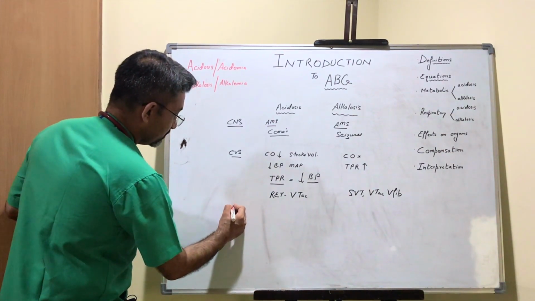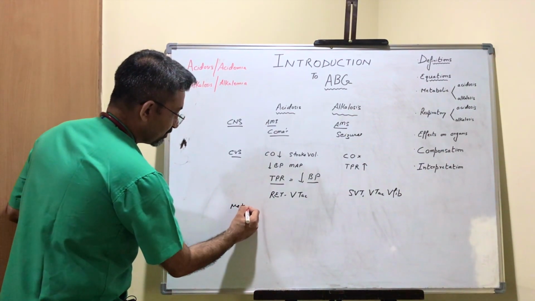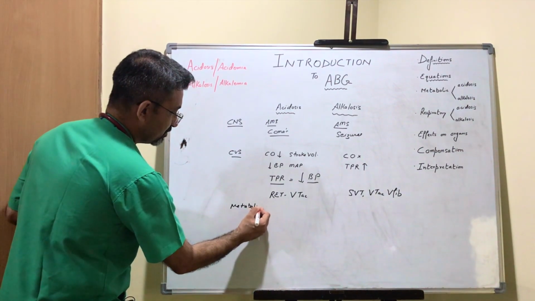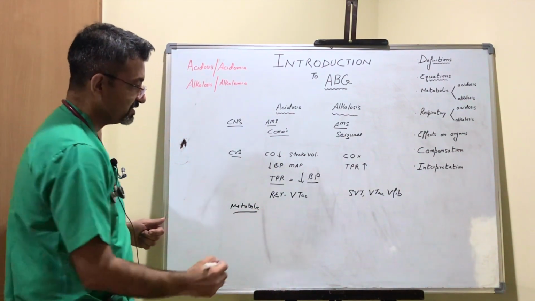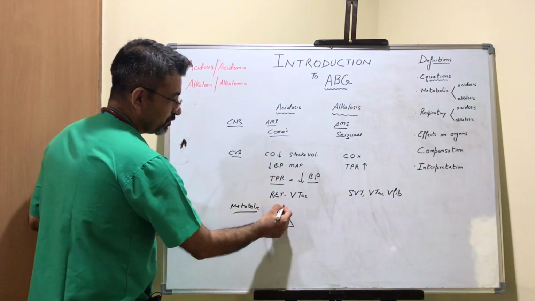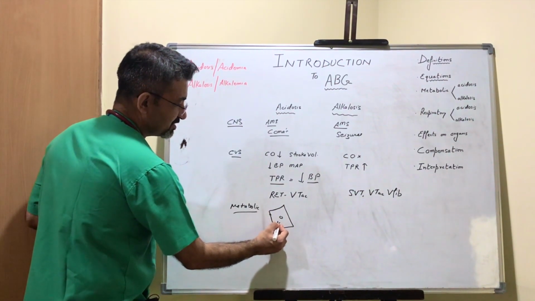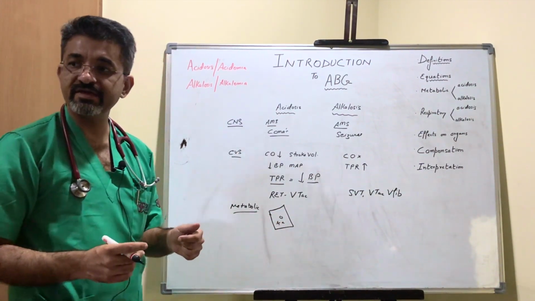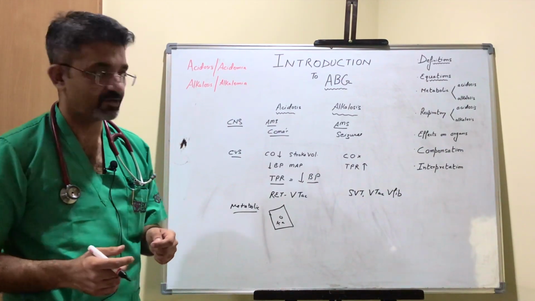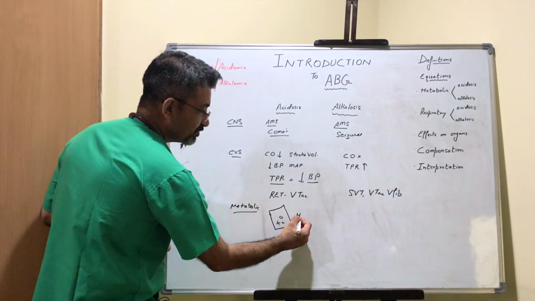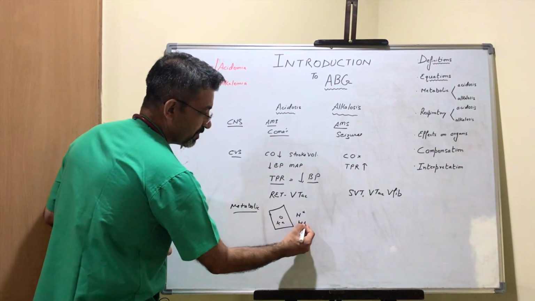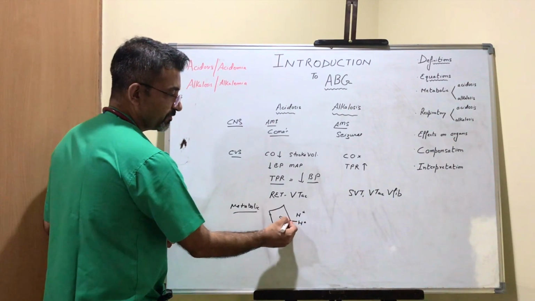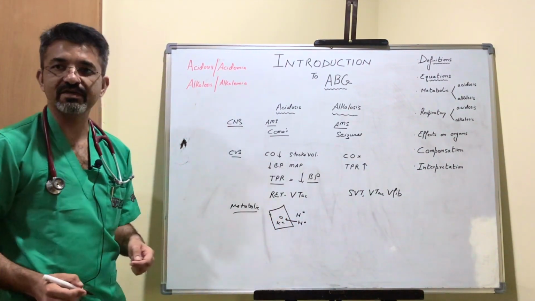Then you can see the metabolic effects. In a cell, you have potassium inside. Potassium is an intracellular cation. When you have abundant hydrogen ions in ECF, they want to go into the cell.